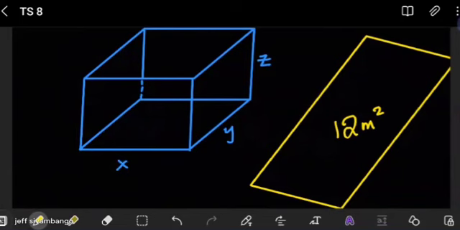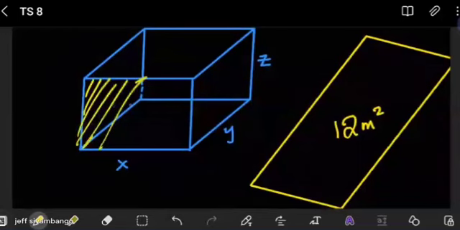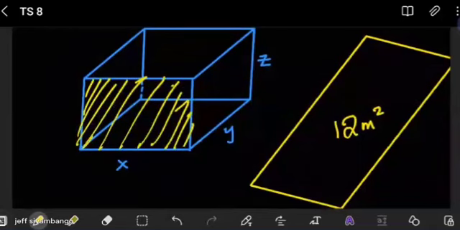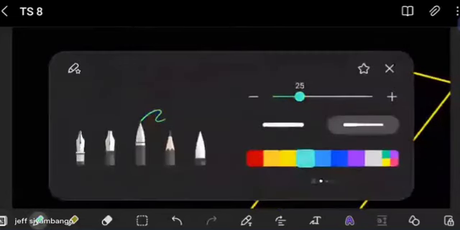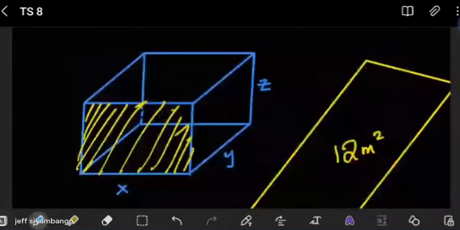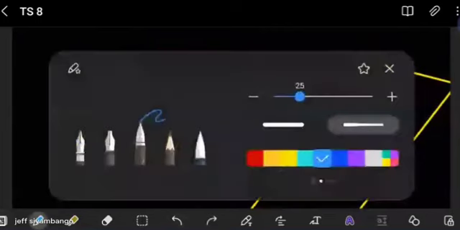So when you cut this into pieces, you're going to make this face here. But you have to make this face twice because its counterpart is going to be the other side. You also have to make another face, similar to what I already have there.